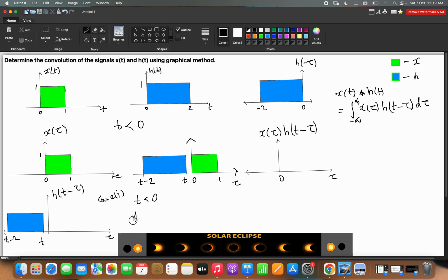So in this case, y of t is equal to integral minus infinity to plus infinity x of tau h of t minus tau d tau, which is equal to integral minus infinity to plus infinity 0 d tau, and that is equal to 0.